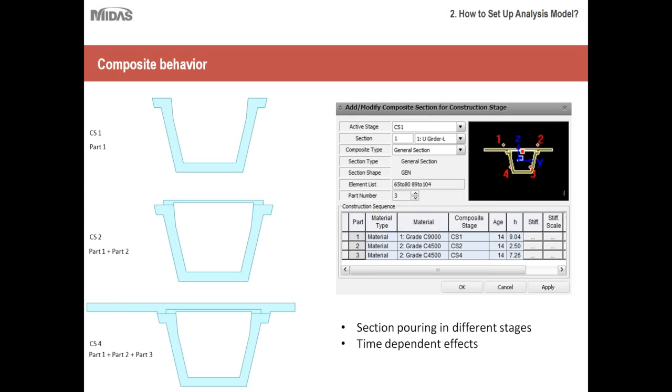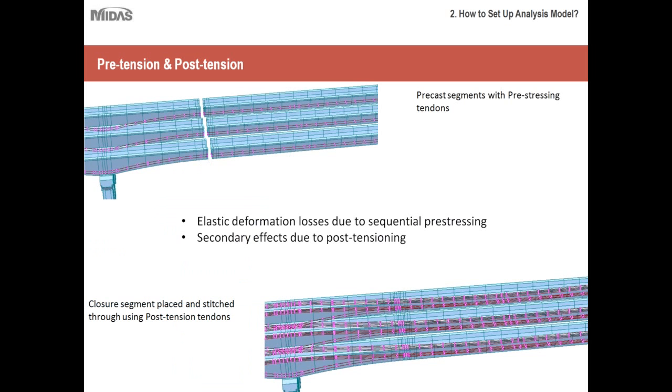And since these members are cast and poured at different ages, with different maturity of the concrete, you have to capture the age effect of the concrete here, the creep and shrinkage occurring in the concrete. Those types of time-dependent effects need to be accounted for.